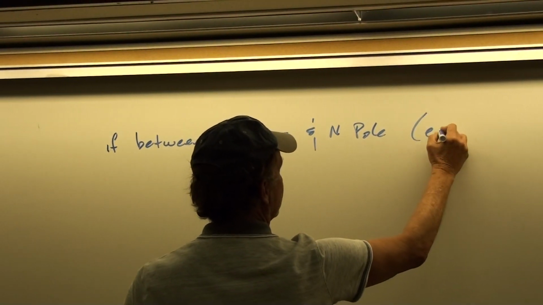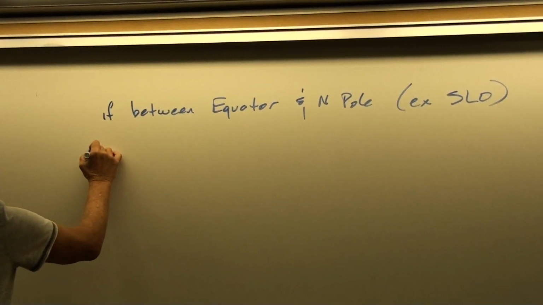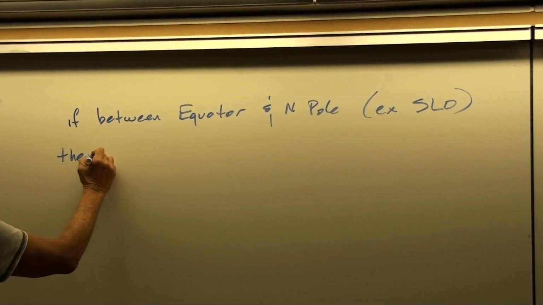For example, San Luis Obispo, where we live. Then the stars would move along diagonal lines.